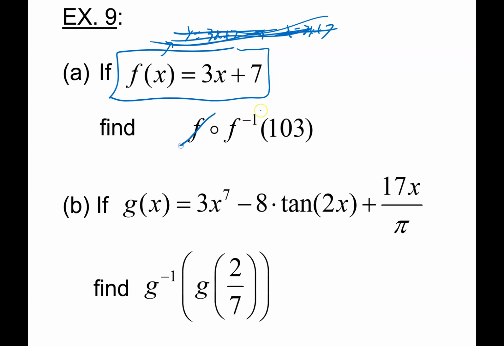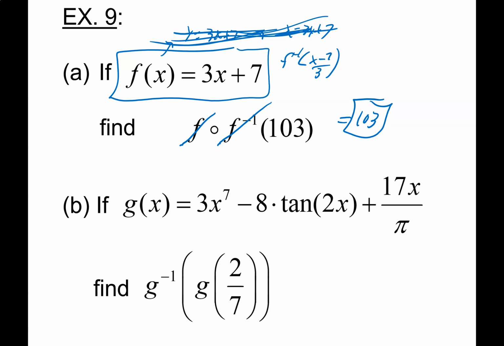Whatever f does, f inverse cancels. You end up with the same thing you started with. That's kind of cool. You say, no, I want to do it the other way. I want to actually find out what f inverse is. And in this case, f inverse would be x minus 7 over 3, I think, and you could plug in and get that.